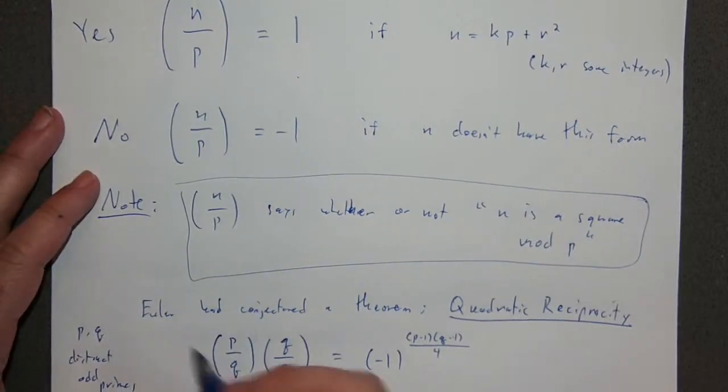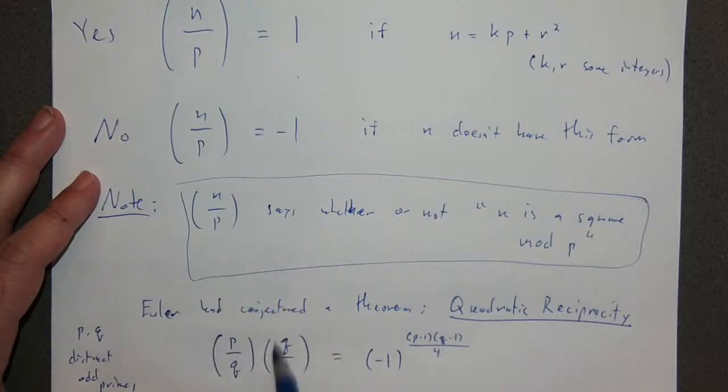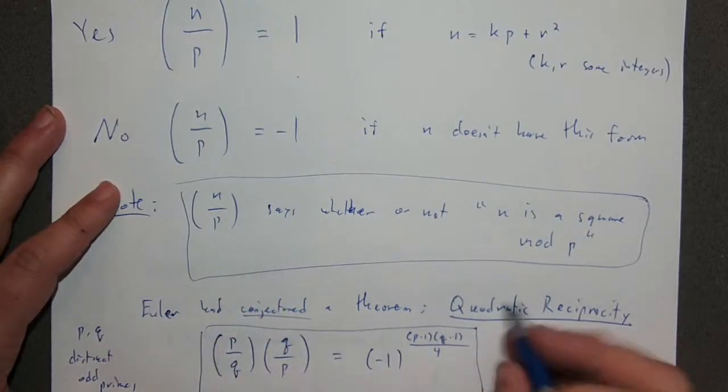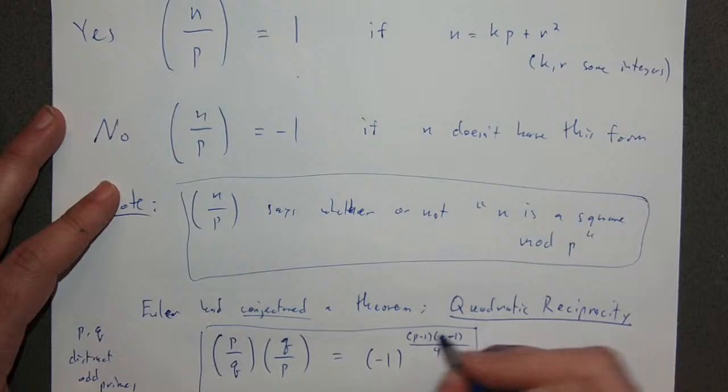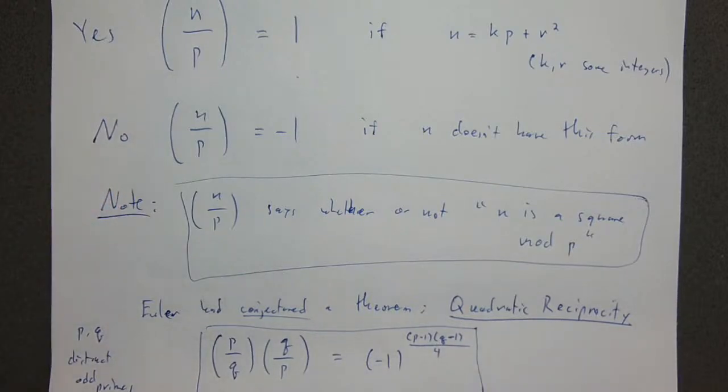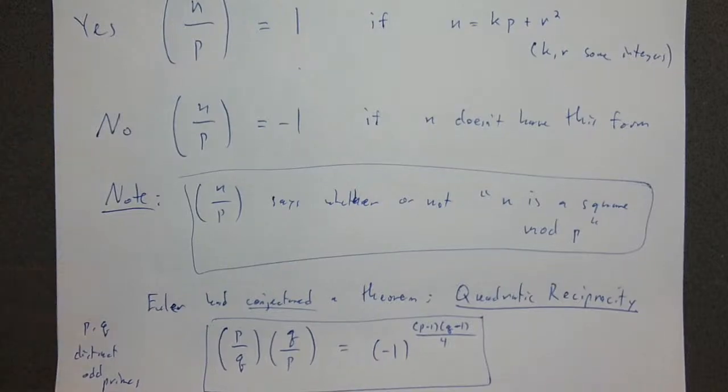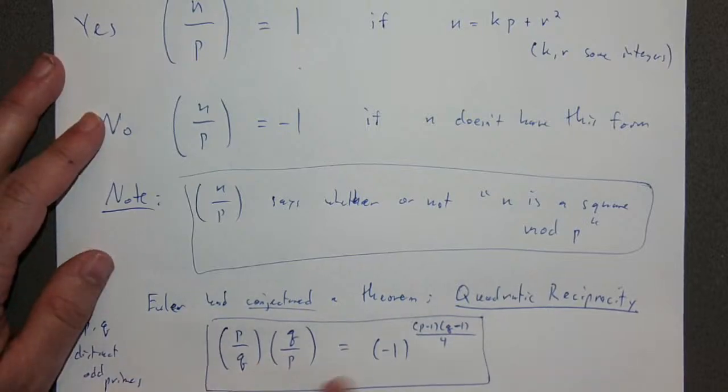Now, Euler conjectured this, but he couldn't prove it. Legendre proved some special cases of this, so he developed the Legendre symbol to discuss this. Euler didn't have the Legendre symbol, so the theorem was stated differently for him.